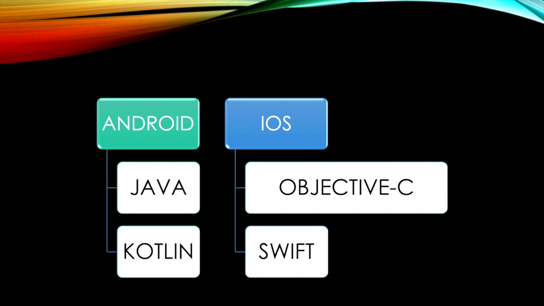So you see, when I say IT is very huge, it evolves very quickly, and you have to keep up, because Android used Java before, now they're using Kotlin. iOS used Objective-C before, now they're using Swift. So you have to keep learning every day. But that's okay. Don't be afraid. It's very, very easy.